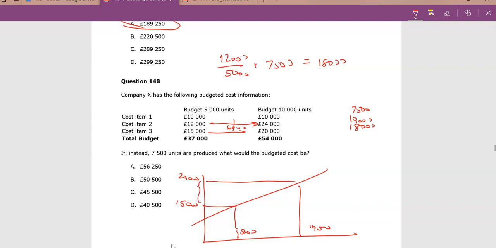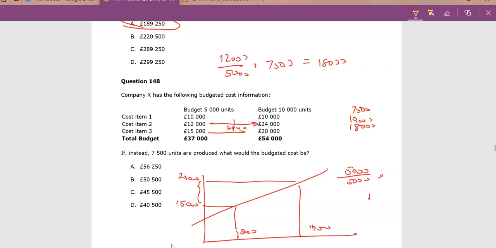We're looking at this 5,000 cost over 5,000 actually. Yes, because this is 5, this is 10. So this is 5 over 5. So we have a variable element of 1.